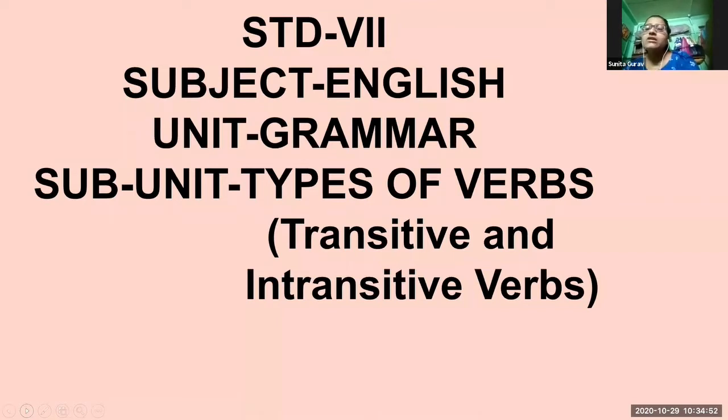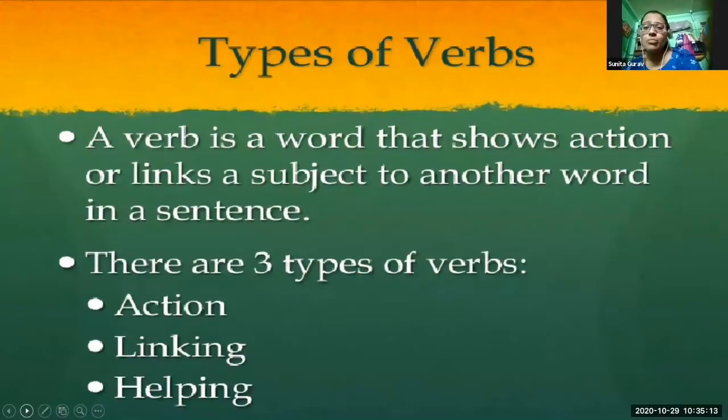Within verb there are different types of sub concepts. Today we are not going to look at all of them. We are only going to look at transitive and intransitive verbs today. Our main important topic is transitive and intransitive verbs.